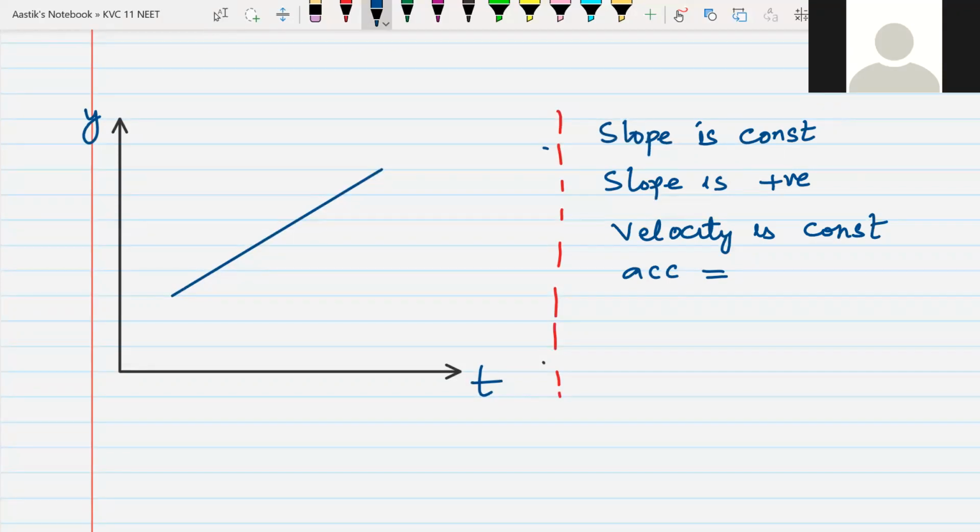Well done, sir. So we remember things. Good. So you can write acceleration as 0. Slope is positive, so I can also say velocity is positive. Do we all understand these things from this graph? Yes or no, my dear friends?